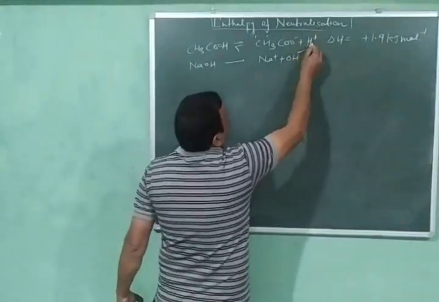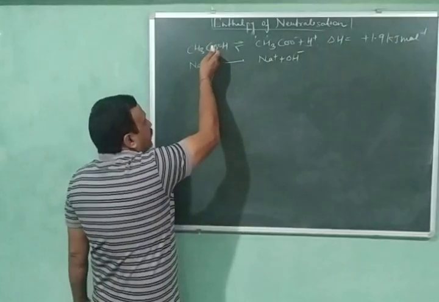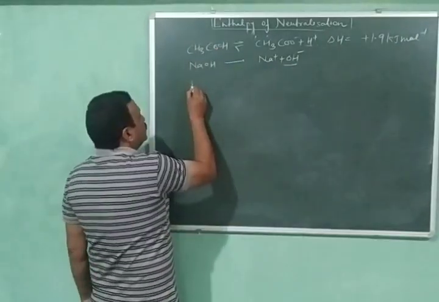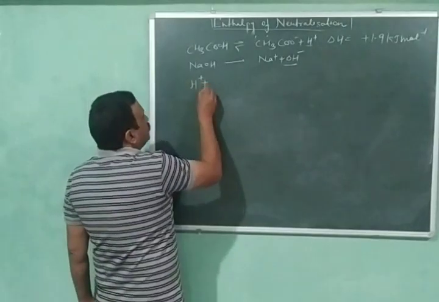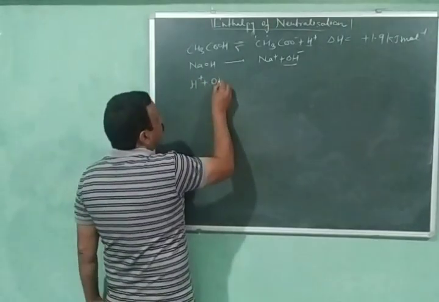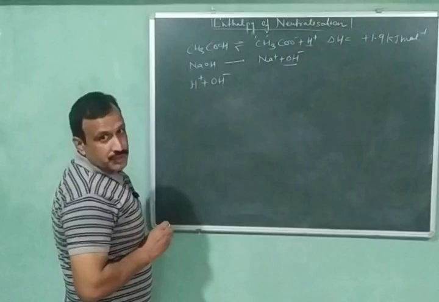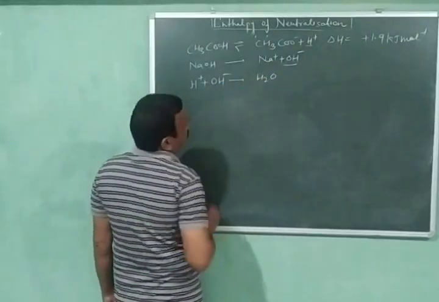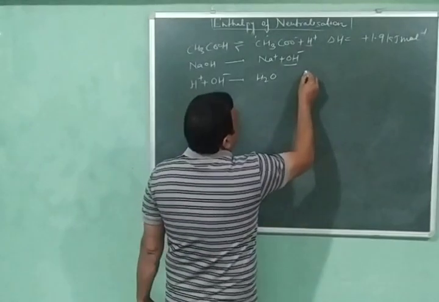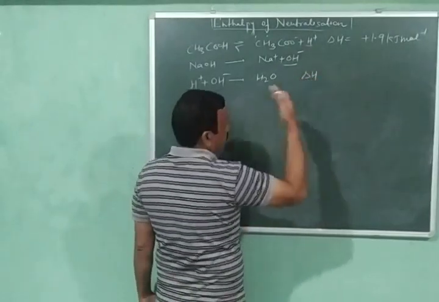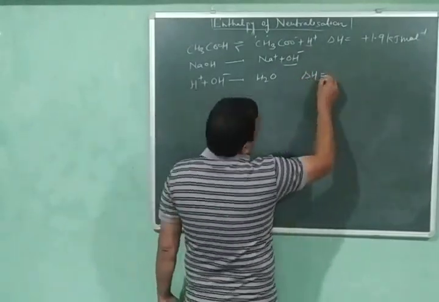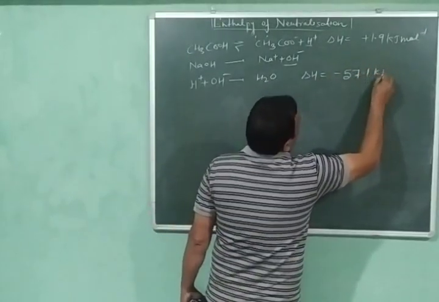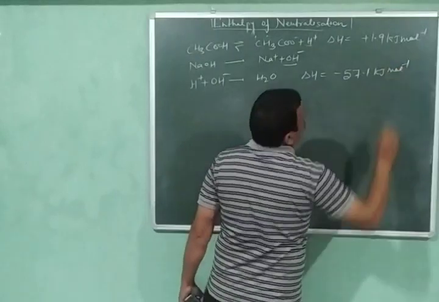The H positive ion given by the acetic acid will react with the OH negative ion given by the base, and the neutralization reaction will be 1 mole of H positive ion combining with 1 mole of OH negative ion, giving us unionized water. In this case, heat will be liberated, or given out, and the amount of heat will be minus 57.1 kilojoule per mole.